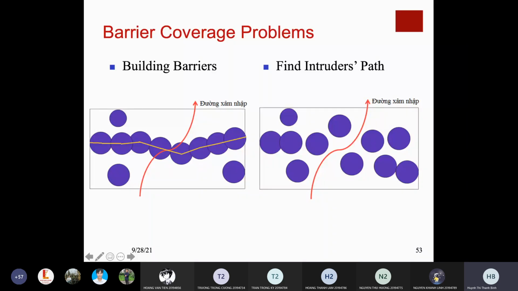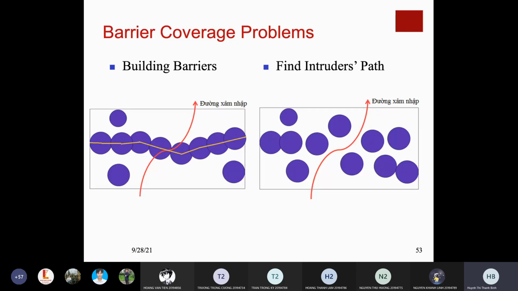That is on the left picture. On the right picture, you have to evaluate the wireless sensor network. If you can find a path for the intruder to go across the border without being detected by any sensor or camera, then the wireless sensor network in this case is not good.